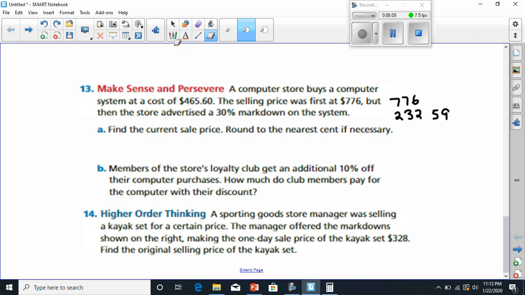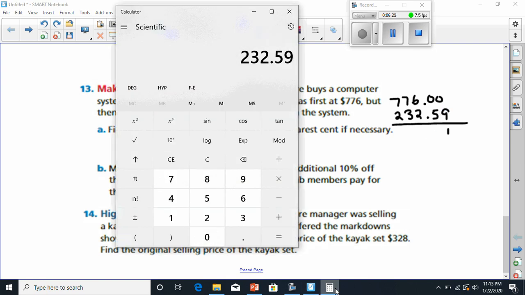Now I'm going to have to put my decimal spot in the right place. And now if I go ahead and subtract this, since it was a discount, this is going to be 1. Make sure I put the right number there: 232, and 776.